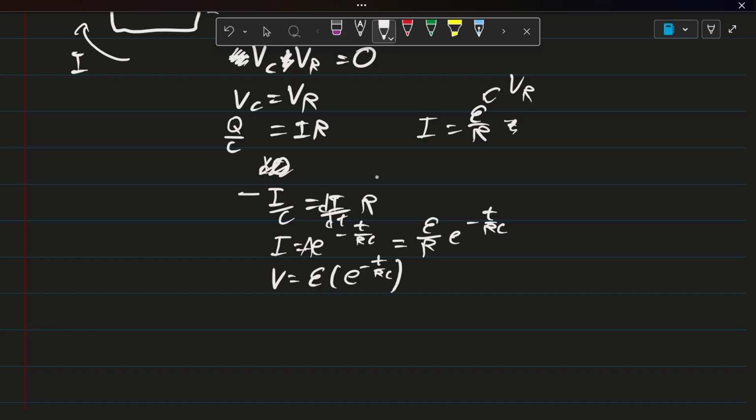So if you integrate it, you would get this. So this graph will be represented as something like that. So this is voltage and this is time. So you do see that the graph is very similar to the charging. So you could charge a capacitor as well as you could discharge a capacitor.